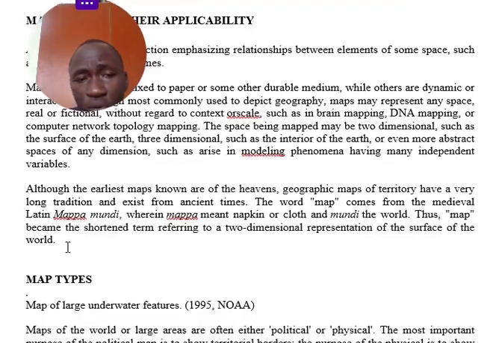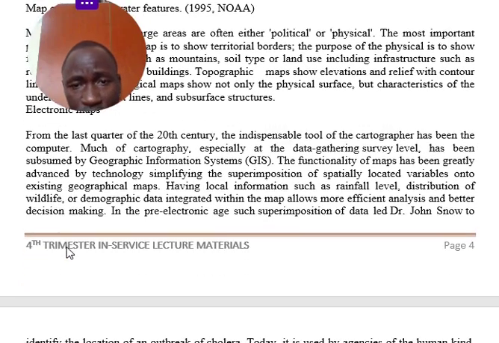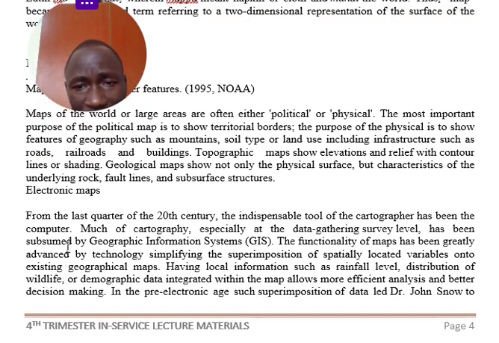So when we go on, we are looking at the types of maps. As I told you, we have what we call the political maps or the physical maps. These maps most importantly try to show the physical features or the physical geography of an area. These ones try to show mountains, soils, and land uses. In others, land use activities.